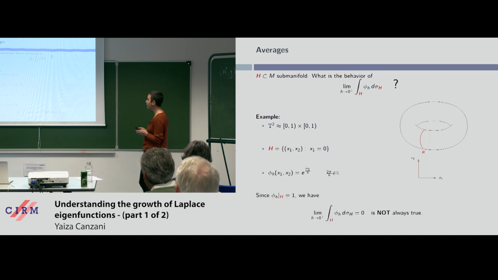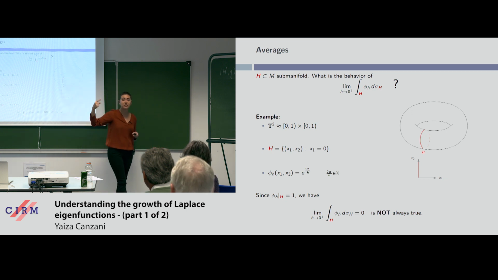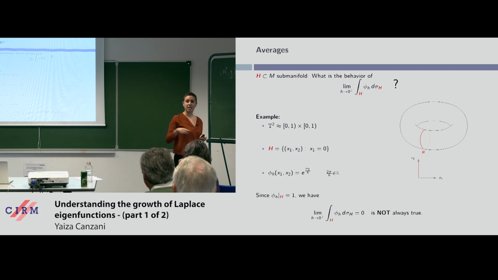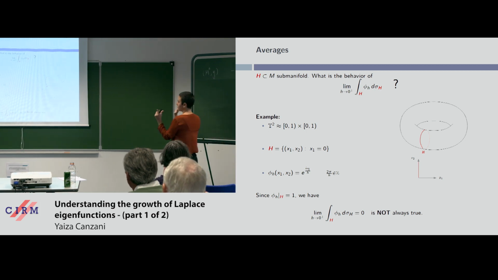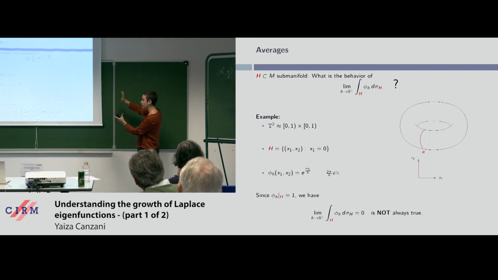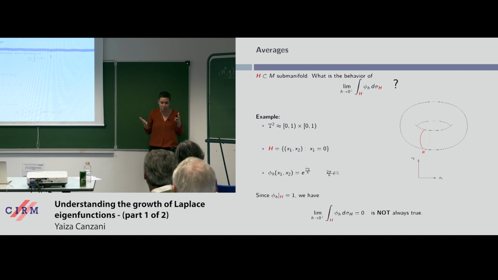So if you average the sequence of eigenfunctions along this curve H, what you get is the length of the curve H. These averages do not go to 0. So this slide is here as a warning that it really depends on how the sequence of eigenfunctions you're working with behaves with respect to the submanifold that you're trying to study.